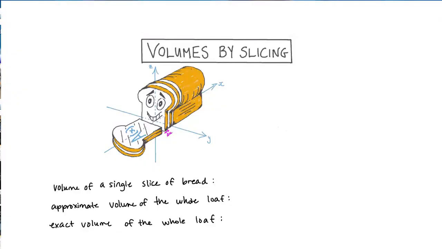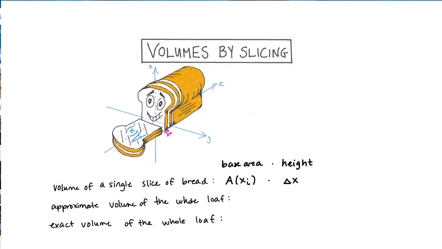So now we can find the volume of our ith slice of bread. So how are we going to do that? We have the formula you might remember: base area times height. So the base area of the ith slice would be A of x sub i, times the thickness, or as we learned back in geometry, base area times height, and the height here would be delta x.